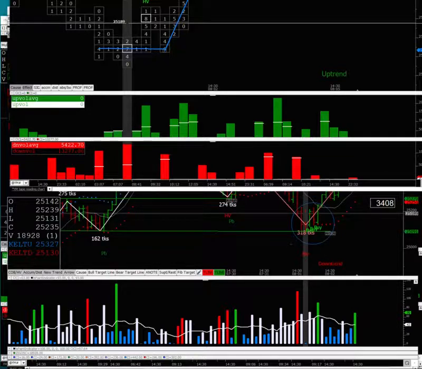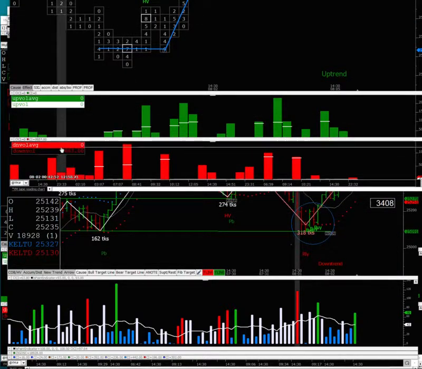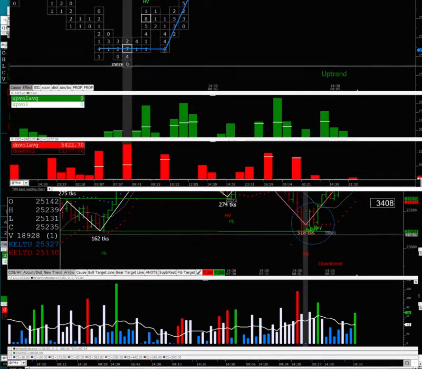It was almost 300%. All right, so again, look at this. Here, down volume average is 5,422, but the down volume that came in is 13,277.